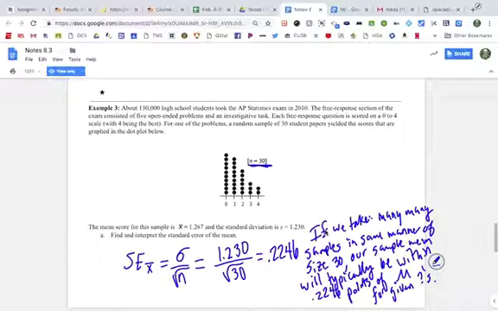Okay, so that's part A. So if we take many samples in the same manner of size 30, our sample mean will typically be within 0.2246 points of our population mean, which is mu, for a given question. Okay? All right. So part B.